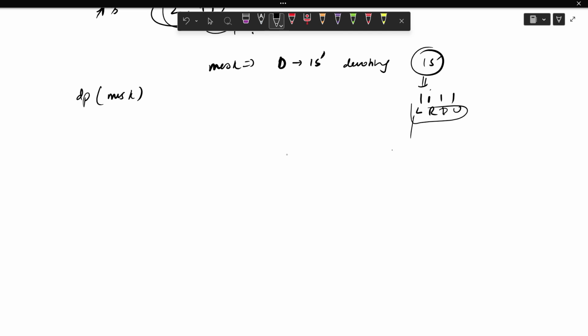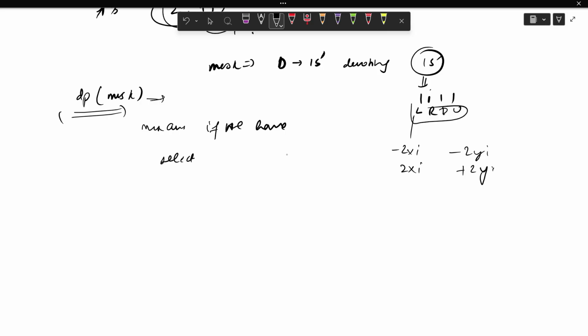So this will be minus 2xi, then we'll have plus 2xi, minus 2yi, plus 2yi. So we can form a dp of mask, and dp of mask basically indicates the maximum answer if we have selected a subset mask of sides.